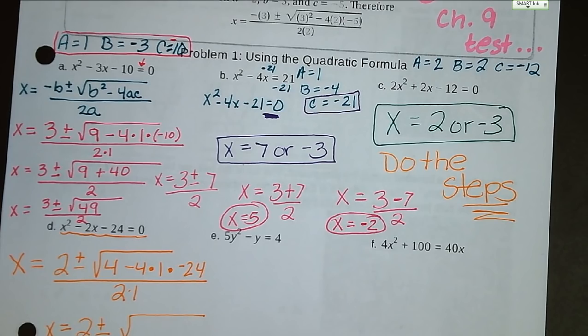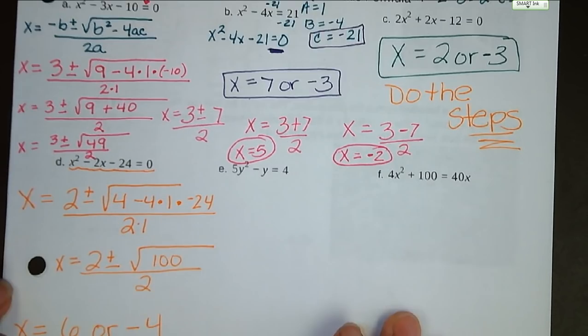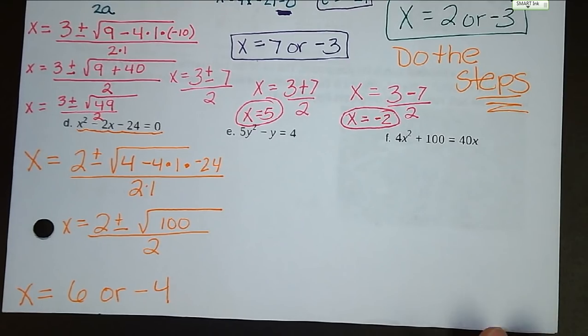So we get 2 plus or minus the square root of 100 over 2. And we know the square root of 100 is 10. So we've got x equals positive 6 or negative 4.